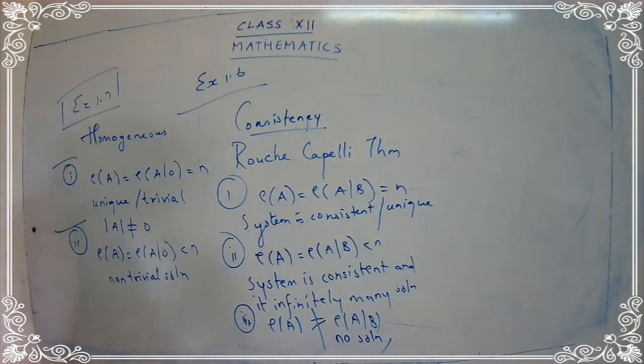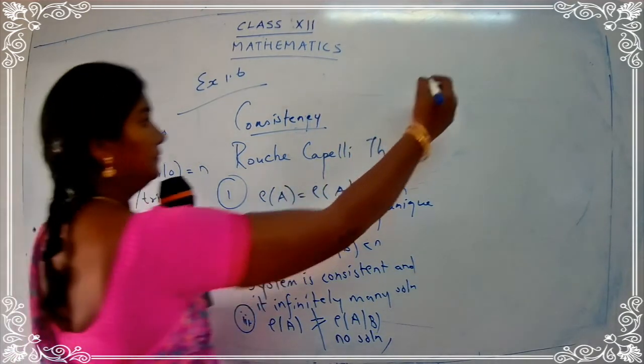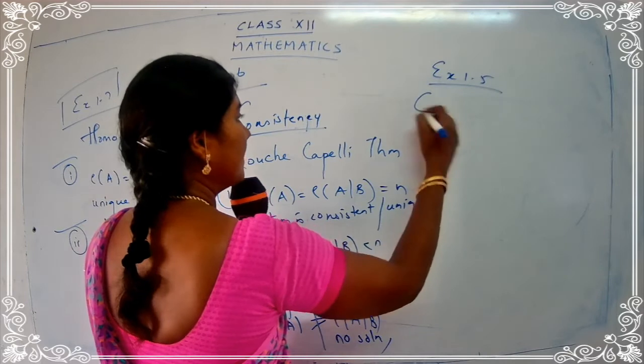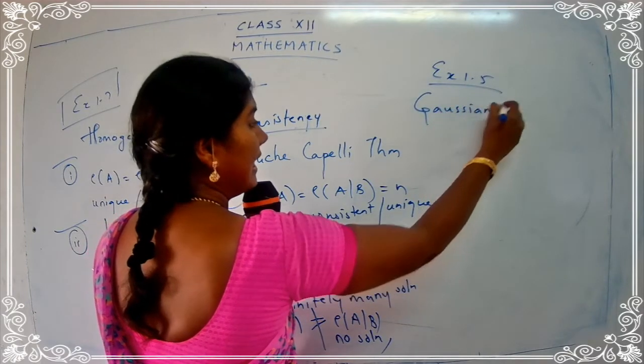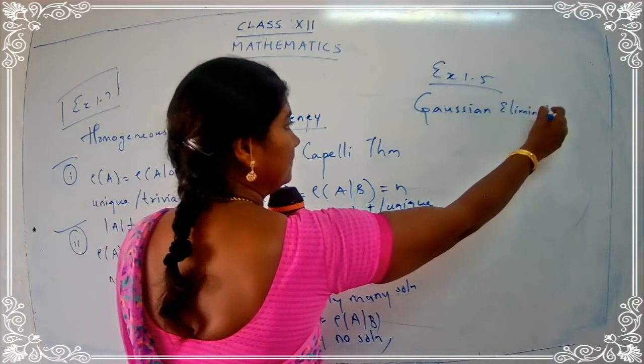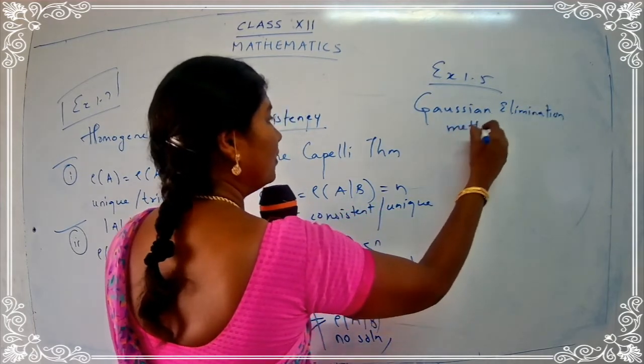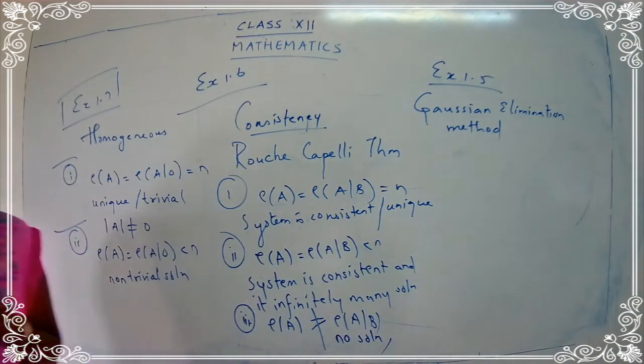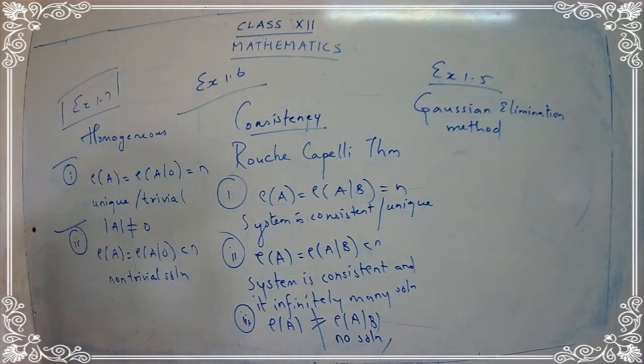Clear, children? Okay, so now let's move to exercise 1.5. What we have done there? We have used a Gaussian elimination method. In exercise 1.5, we used a method, Gaussian elimination method. What we have done here was transforming the augmented matrix to the echelon form.